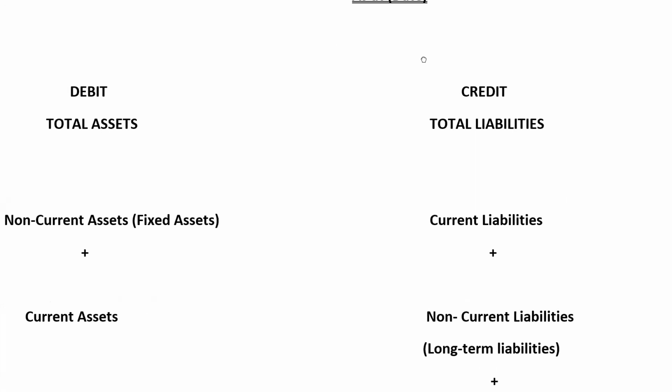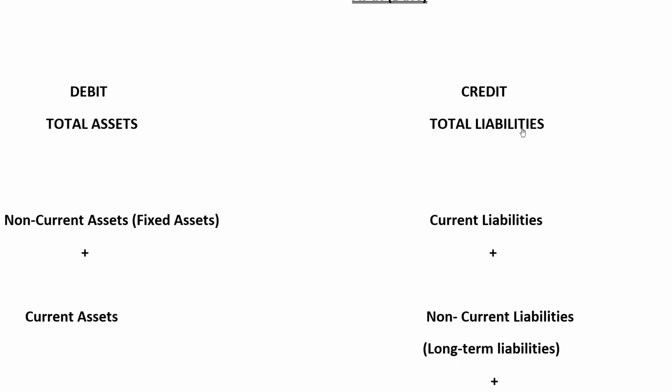Just know there is no additional meaning as to why we record assets on the left and liabilities on the right. This is just a format that is given. It states where all of your assets, your non-current assets, and your current assets are going to be listed on the left side of your balance sheet.